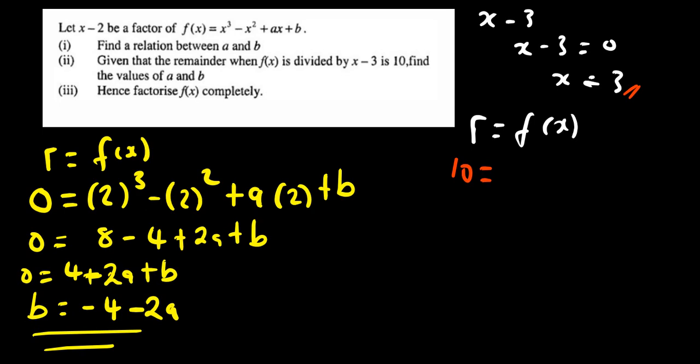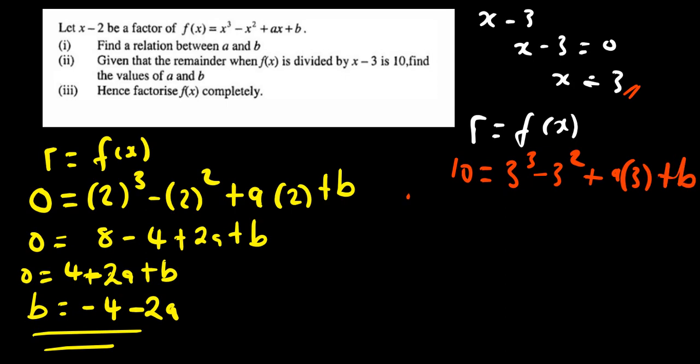So we have 3 to the power 3, minus 3 squared, plus a times 3, then plus b.